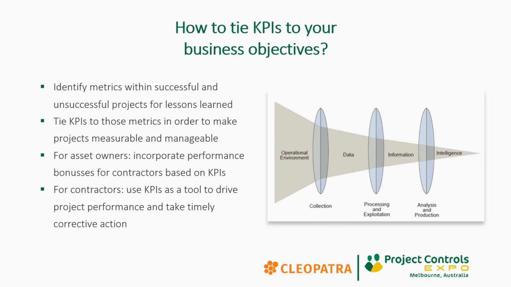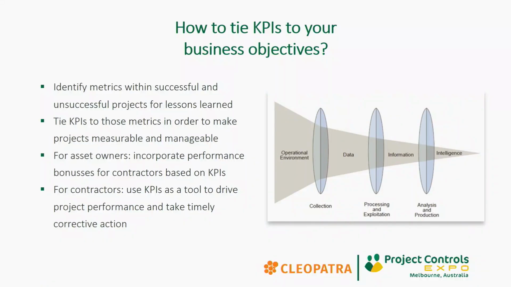Obviously, you can identify a specific KPI that was tending towards a successful project or unsuccessful project, and what lessons we can draw from that. So you can tie the KPIs to the metrics in order to make the project measurable and manageable.